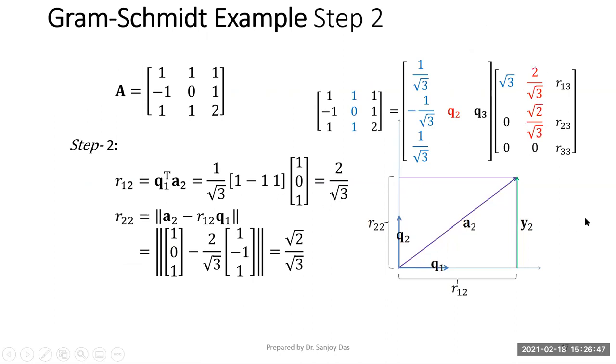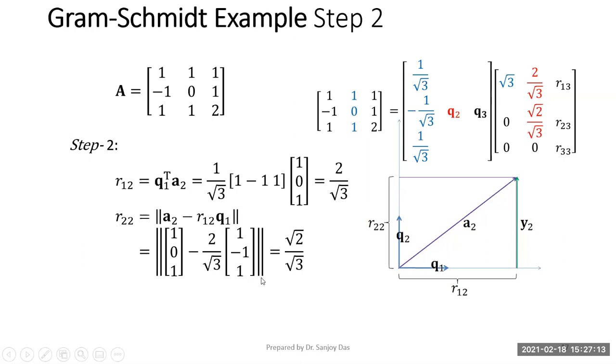R22 is, so I take Y2, which is A2 minus R12 Q1. And since I just found R12, I replace the value here. I get this. So R22 is the norm of this vector here, square root of 2 over square root of 3. And what's Q2 now?